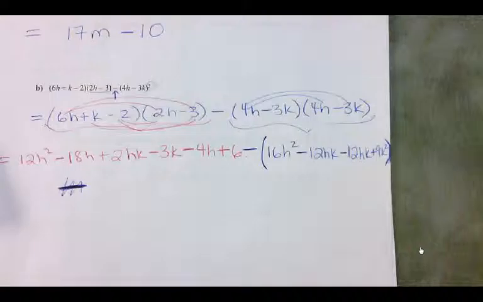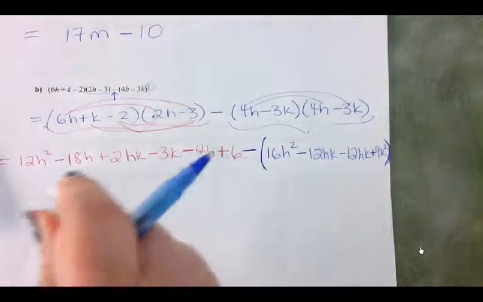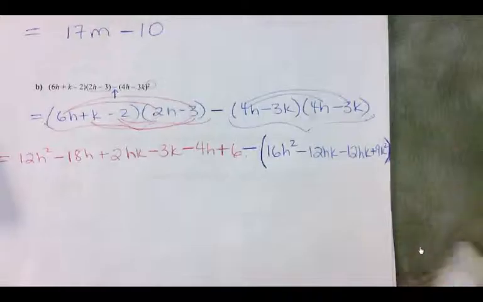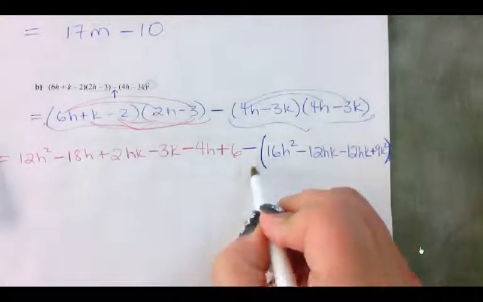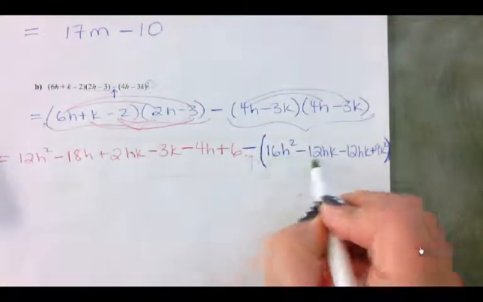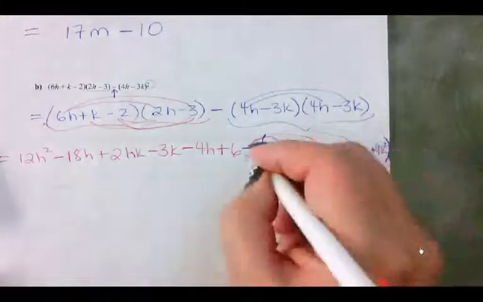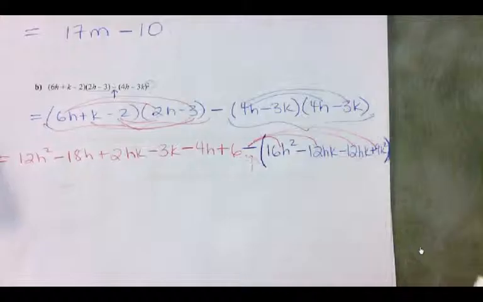All right. Now, you notice how I've got that bracket and I've got that negative in front of it? How does this impact this? You have to run that negative through, right? It switches all the signs of everything that comes after it.